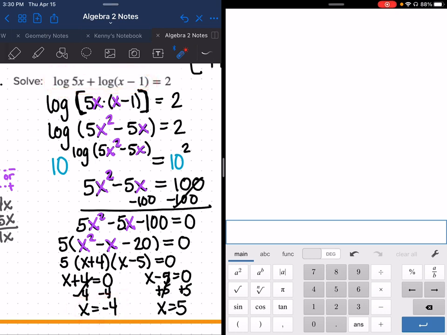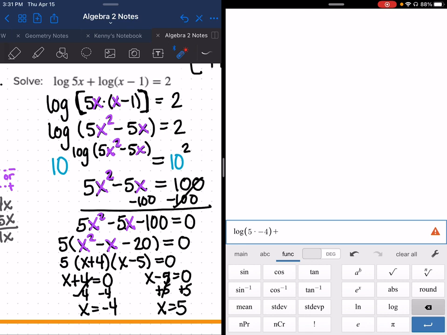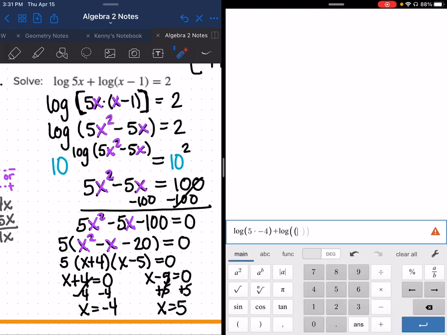So I'm going to say log of 5 times -4, close it up, plus function log, -4 minus 1. Nope, -4 minus 1. It says undefined. It doesn't say 2.